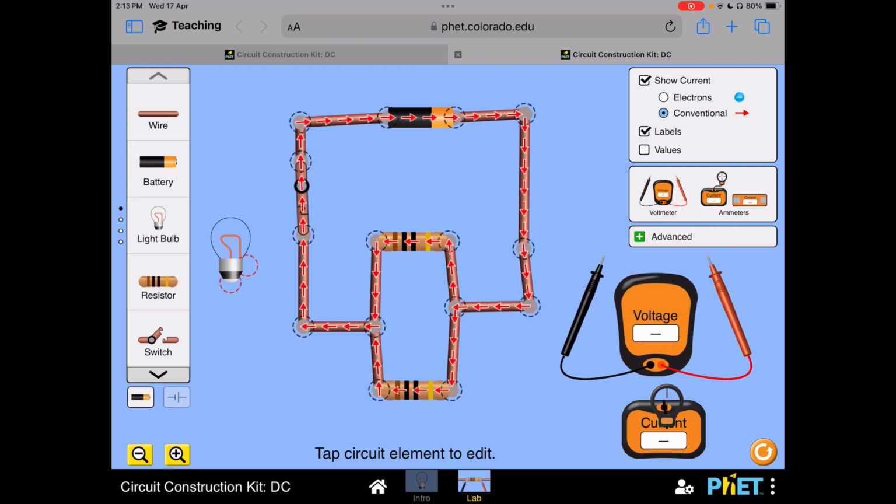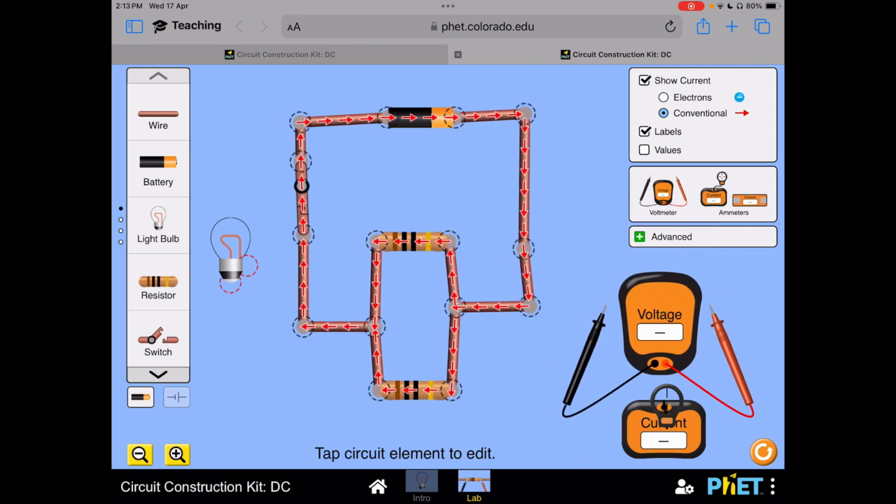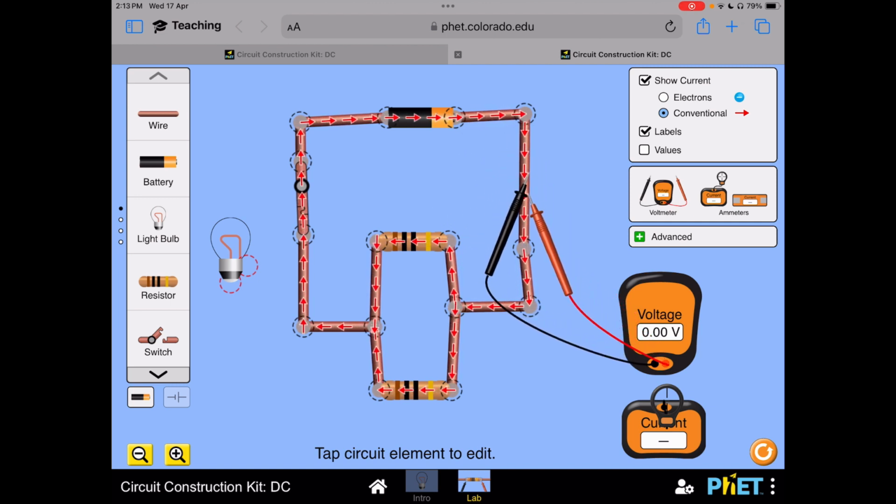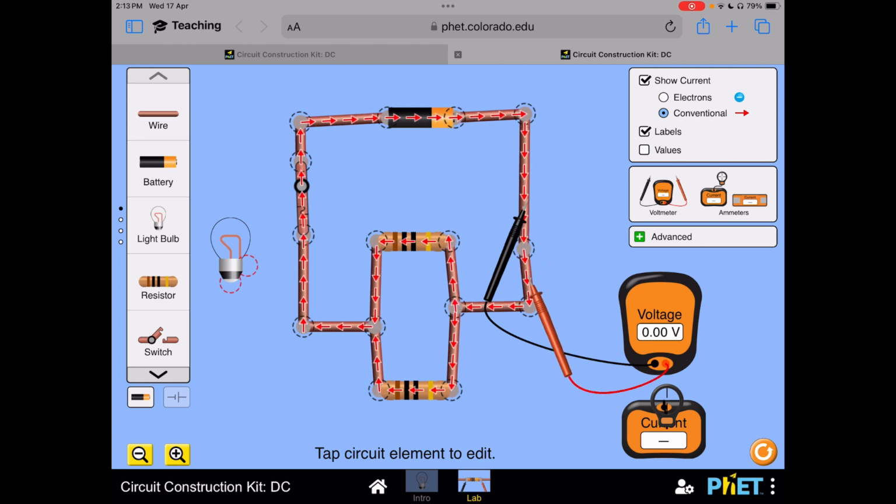Let's look at how the voltmeter, how the voltage will behave. So again, within the same wire, there won't be any potential difference because at these two points, they are at the same potential. So if I move down, you'll notice that it will still be the same.